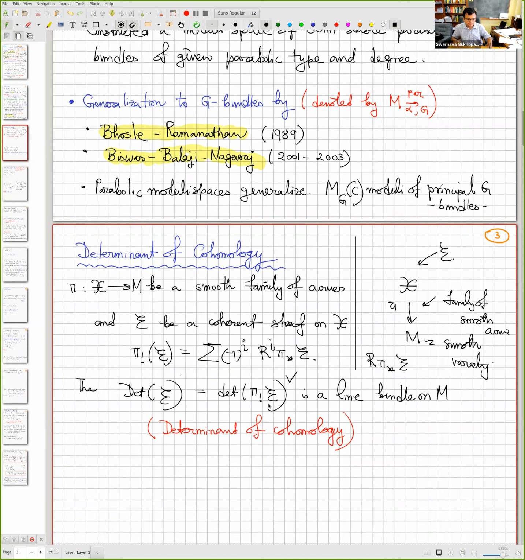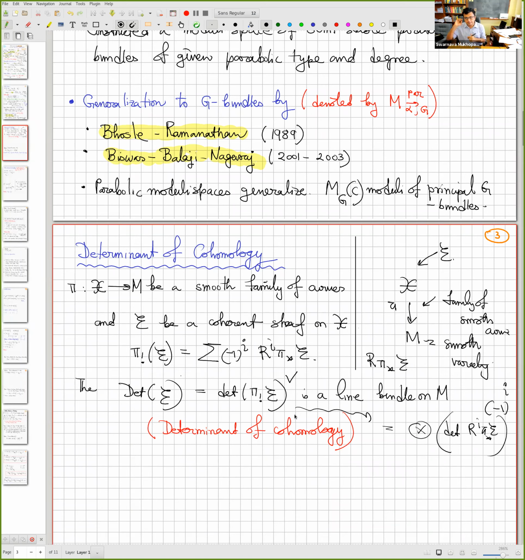So recall that this is nothing but the tensor product of the determinant of R^i pi lower star of E to the power (-1)^i. Okay, so that's the determinant of homology.